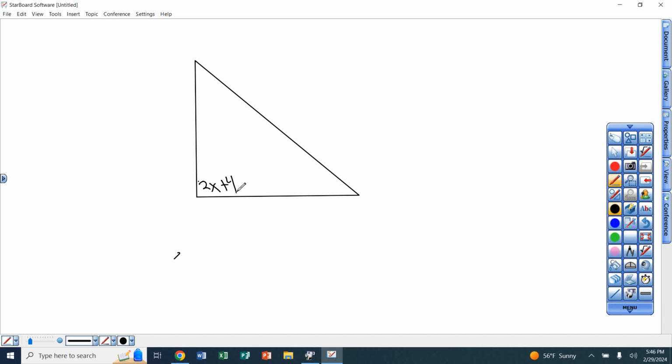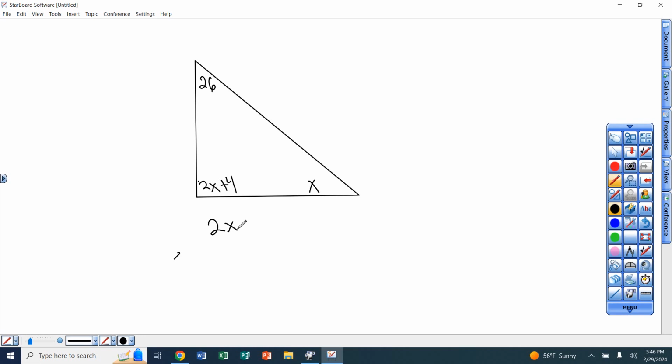The other angle up here, this corner, is going to be x. And then the one up there is going to be, let's make it, 26 degrees. All right, so knowing the parts of a triangle and what the angles add up to, solve that algebraically for x.